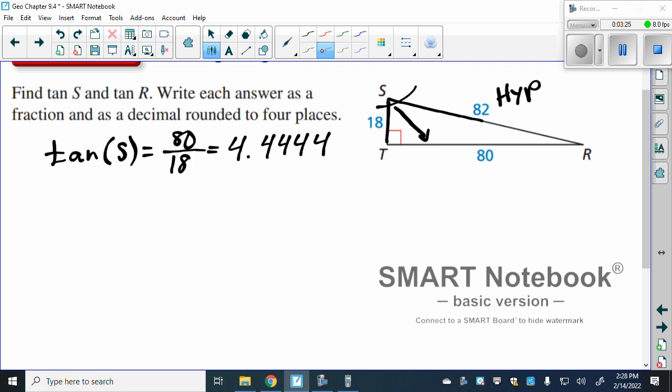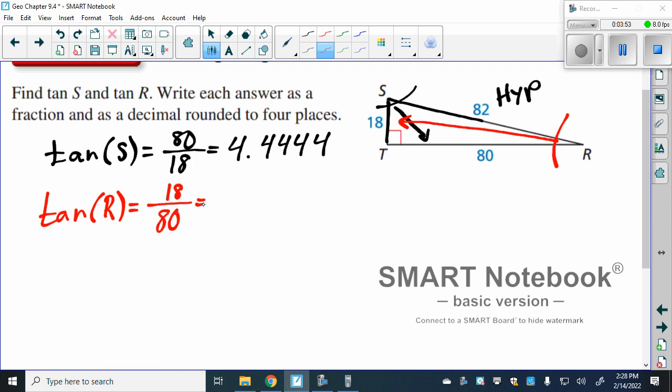Now we also need to find tangent of R. This time angle R is over here. The side opposite angle R is the 18, so the opposite side goes on top. The adjacent side would be 80.